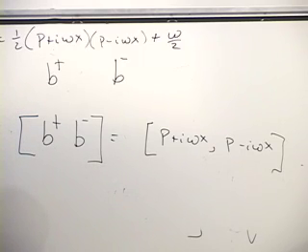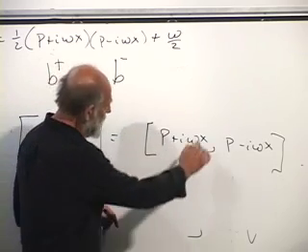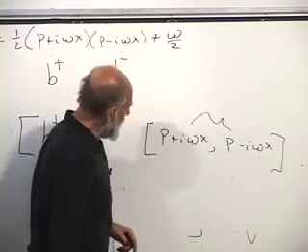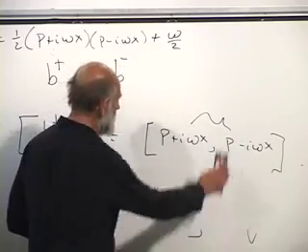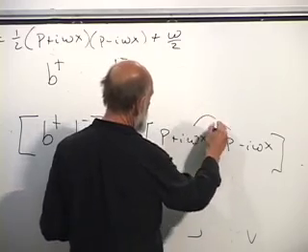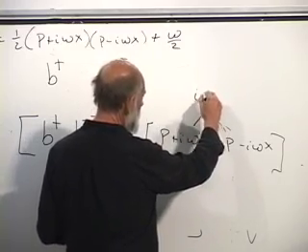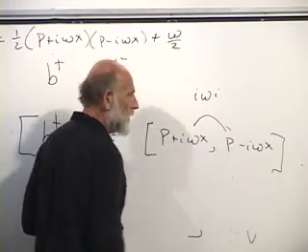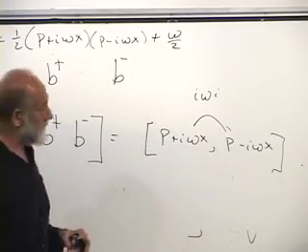Well, the commutator of x with p is i, right? So the commutator of these two gives us i omega times another i, in other words, minus omega.